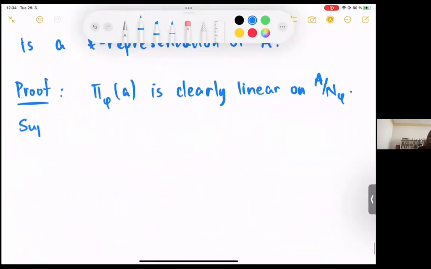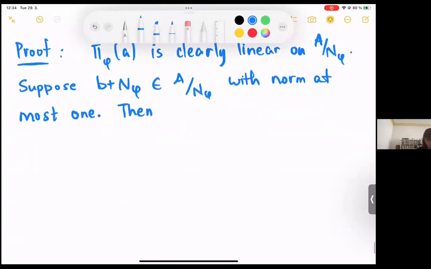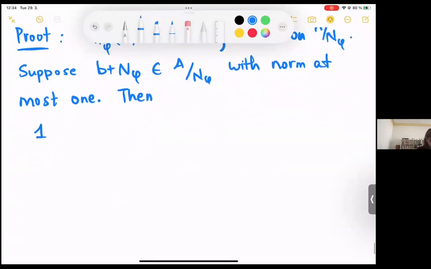So we want to find out what its norm should be. Let's take an element b + N_phi with norm at most 1. So that's with respect to the norm induced by this inner product.